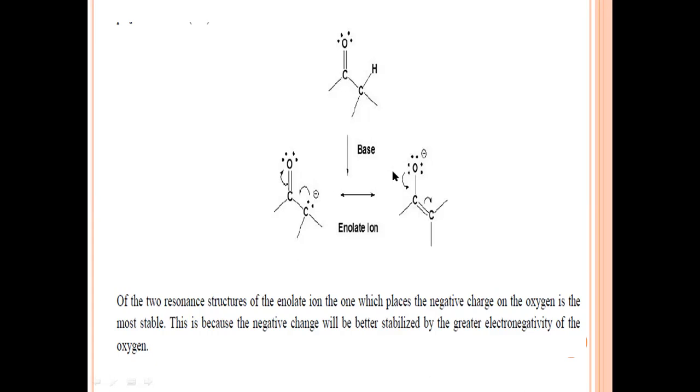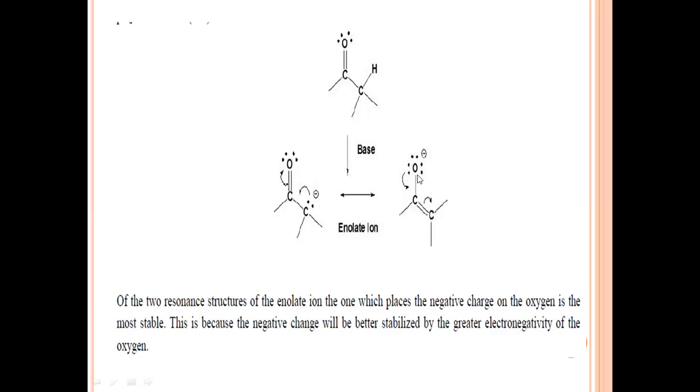Now, out of these two resonating structures, in the case of the first structure, the negative charge is on the carbon atom, and in the case of the second structure, the negative charge is possessed by the oxygen atom. Now, when we compare both these structures, the oxygen atom being electronegative must possess the negative charge, so the presence of negative charge on the carbon atom will not be acceptable at all.